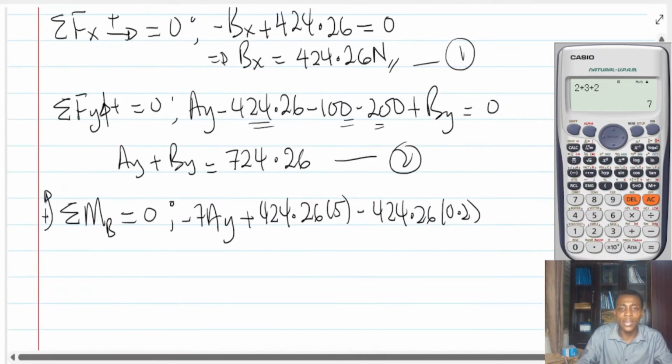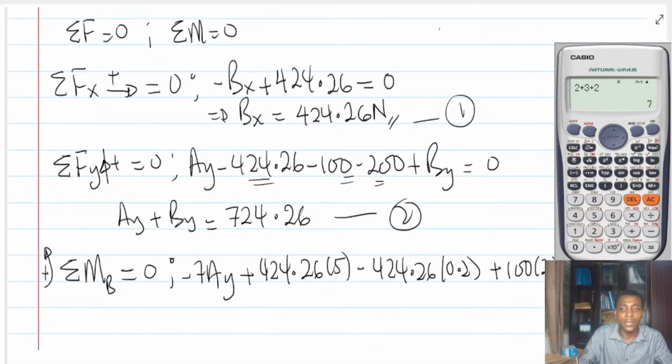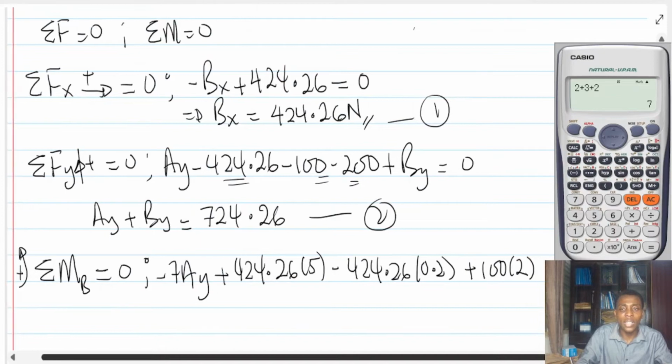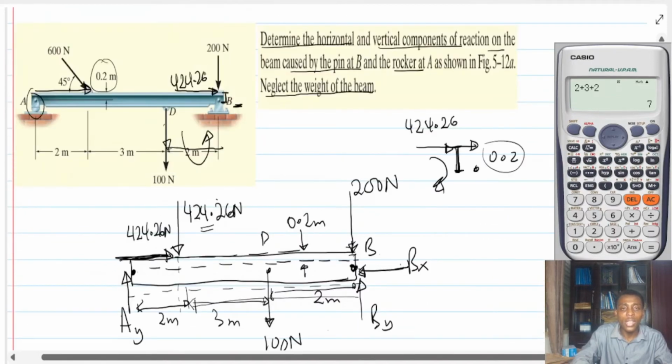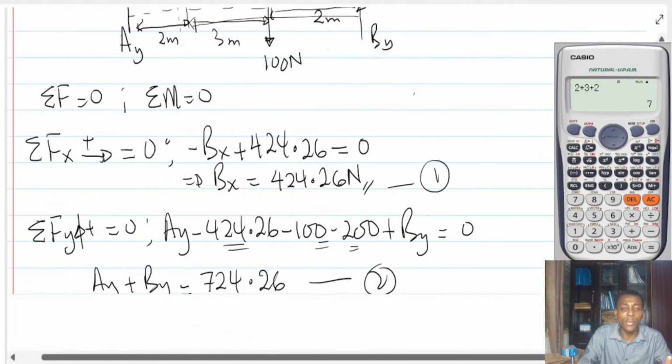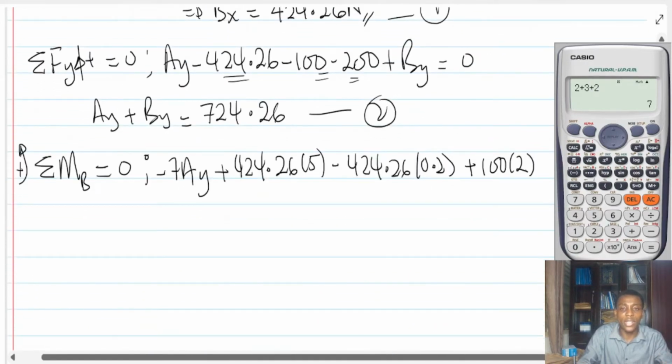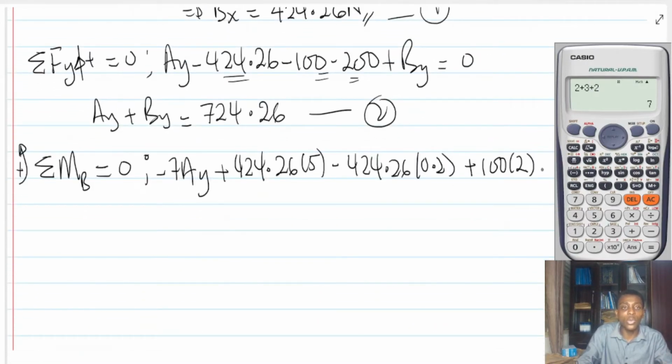So plus 100 multiplied by 2. Now, our 200 Newton force over here is coming vertically downwards, so it will pass through B. Therefore it doesn't create any moment.